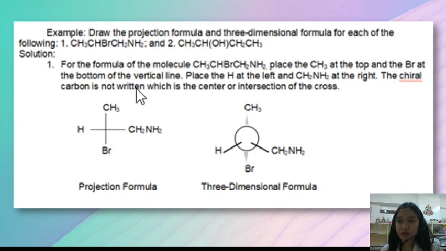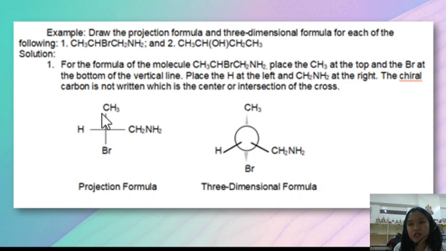So the chiral carbon is not written, which is the center or intersection of the cross. Okay, so my advice to you in writing projection formula, kung ano yung nauna na atom or ano yung pinakauna sa formula, yun ang ilalagay ninyo on the top.